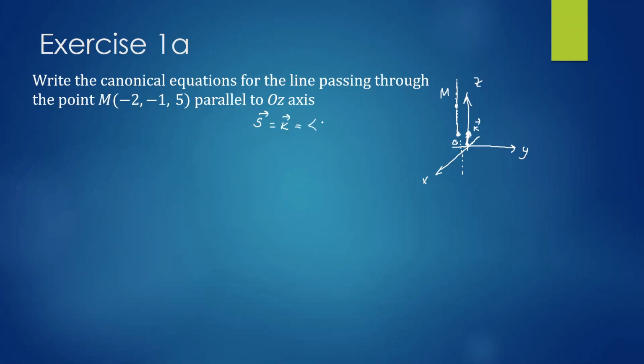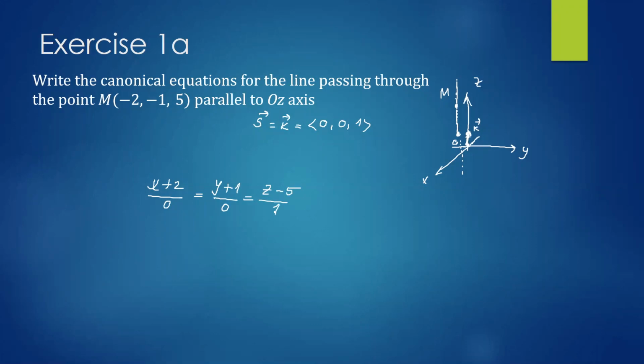And the unit vector k has coordinates 0, 0, 1. So the canonical equations would be x minus negative 2, that is x plus 2 over 0, equals y minus negative 1, that is y plus 1 over 0, equals z minus 5 over 1.